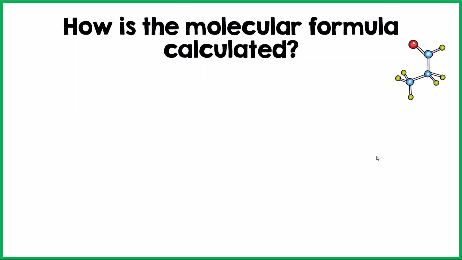So how is the molecular formula calculated then? Well, first we determine the empirical formula. And we already established how to do that. That was convert percentage to mass, mass to moles, divide by the smallest, and make it whole.